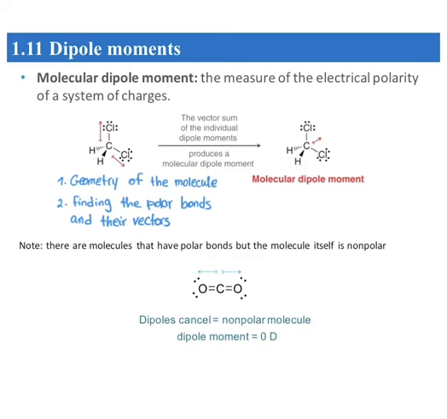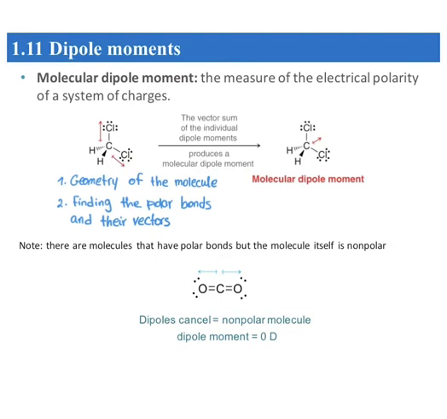Now, sometimes the molecule has more than one polar bond, but the overall molecule is nonpolar. If you consider the structure of CO2, we have two polar bonds, two C=O bonds here, and oxygen is more electronegative than carbon, so both of these arrows are going toward the oxygen. Electrons are going towards the oxygen with the same strength and in opposite directions, because both oxygens have the same electronegativity.